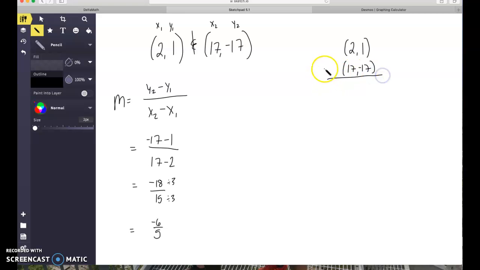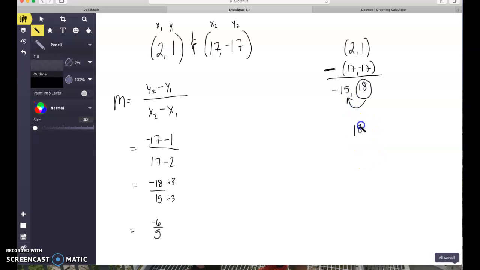And subtracting down. Okay, so I'm going to do 2 minus 17, which gives me negative 15. And then I'm going to do 1 minus a negative 17, which minus a negative is really a plus. So that gives me positive 18. And I know I have to take my change in y's and divide it by my change in x's.